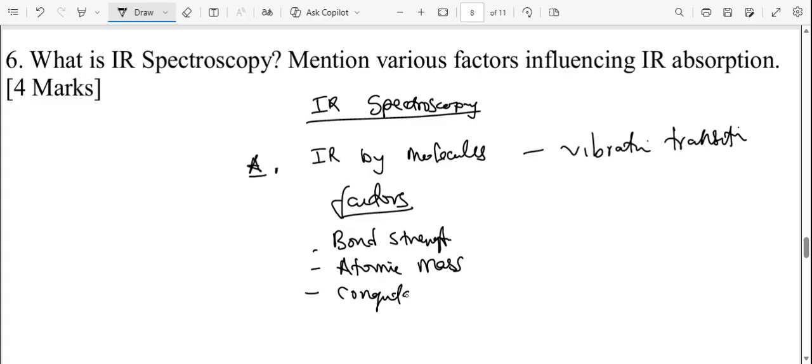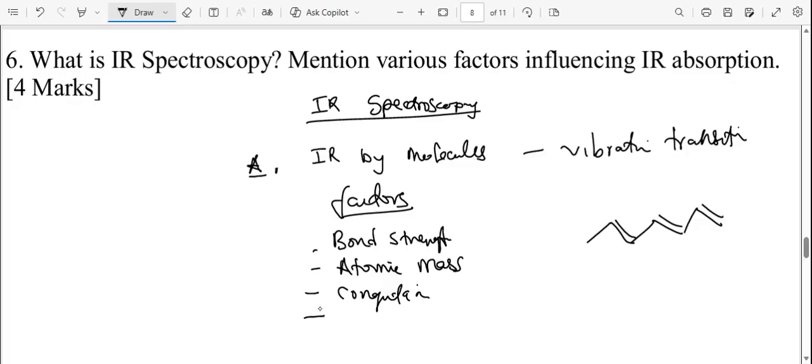Conjugation also affects the absorbance of IR. The more conjugations we have, the more it increases the absorbance.